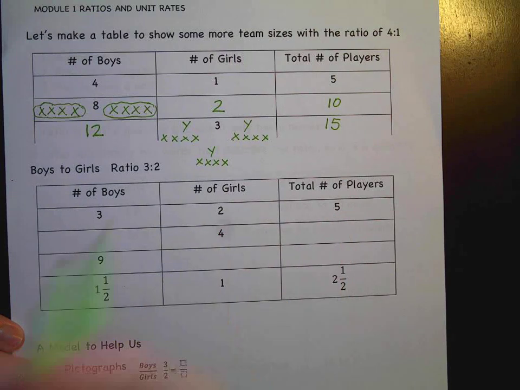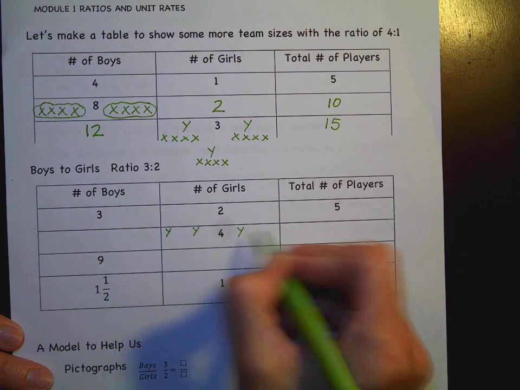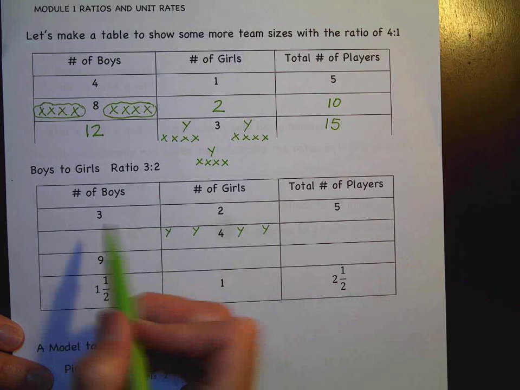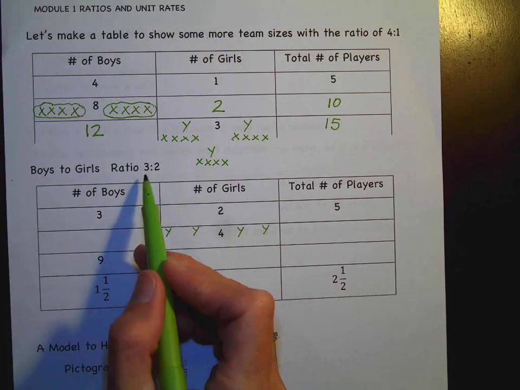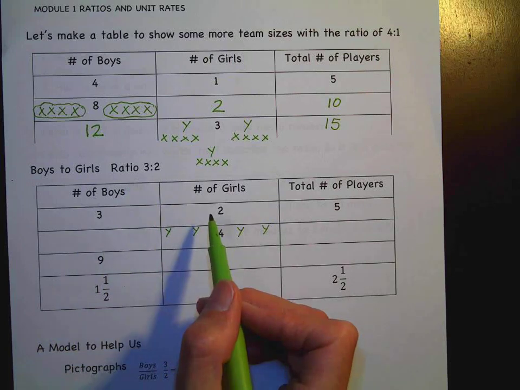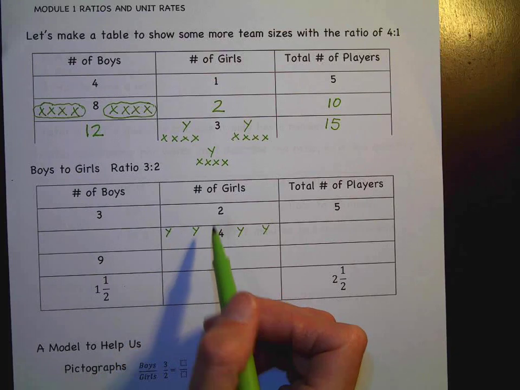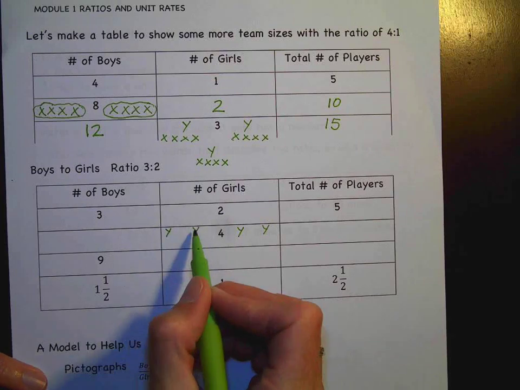Again, what happens if there's 4 girls? So again, we have a girl here, a girl here, a girl here, and a girl here. How many boys for every 2 girls? It says for every 3 boys, there are 2 girls. So here's 2 girls.